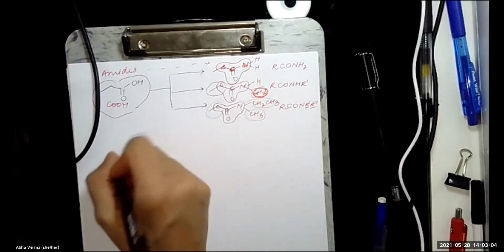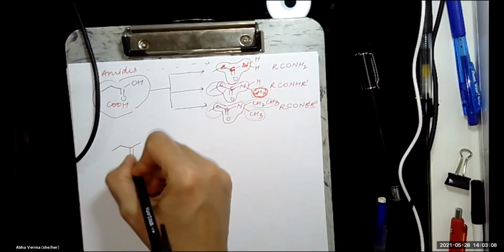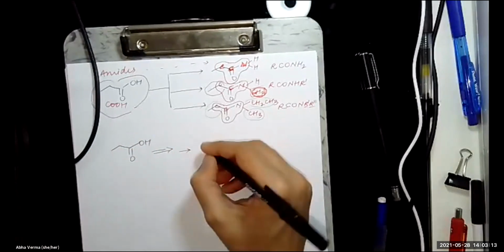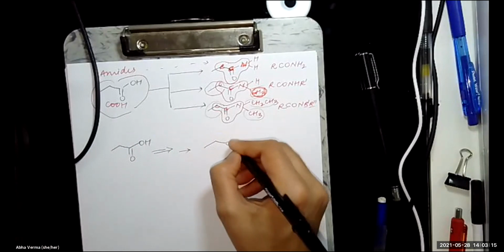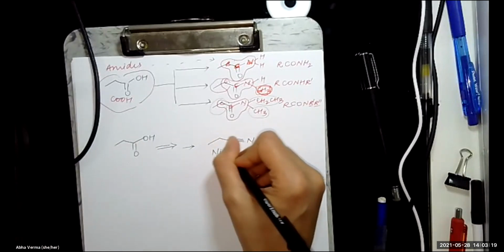The last carboxylic derivatives that we see are nitriles. Now you will say, how are these nitriles carboxylic acid derivatives?